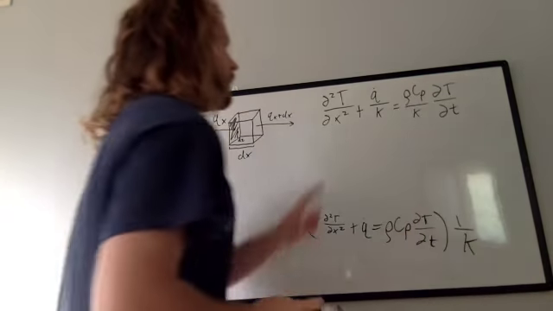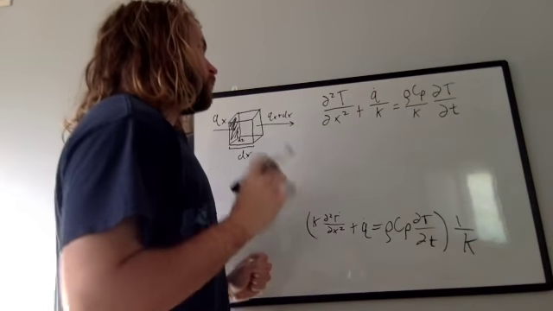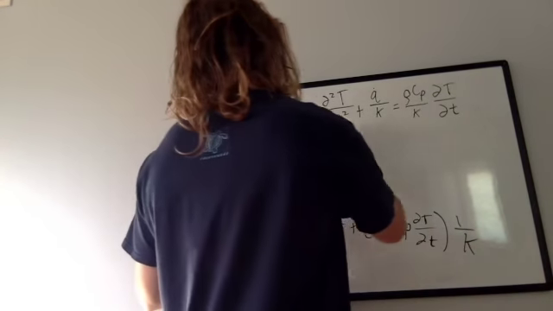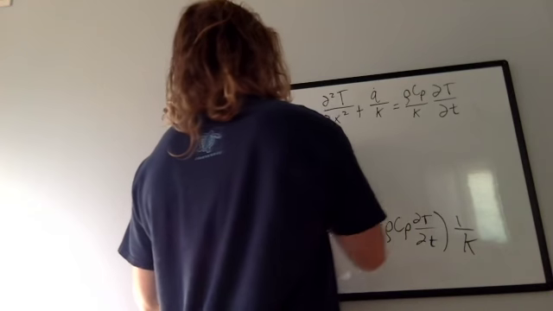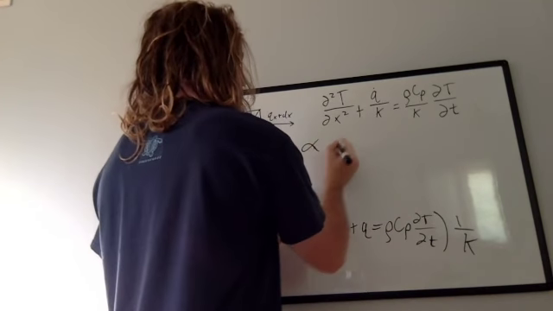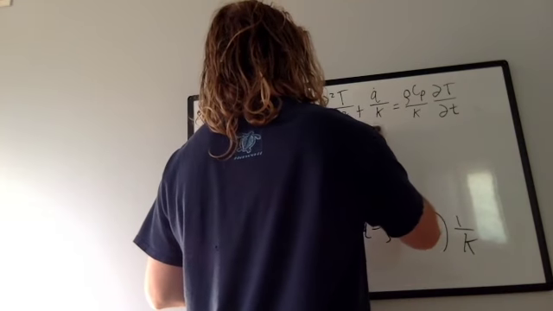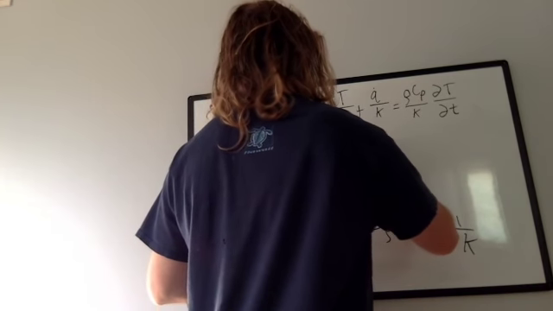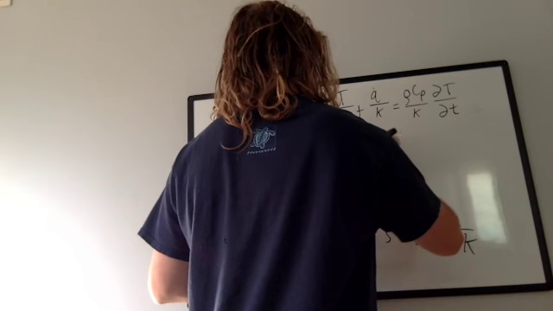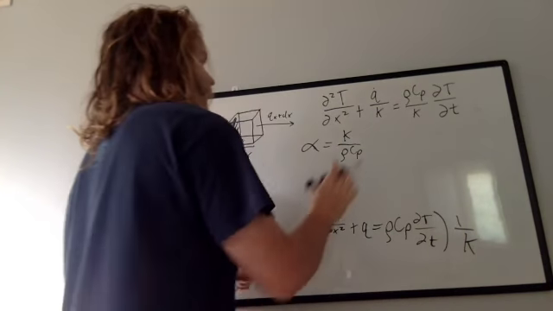Alright, and the reason we did this is because there is going to be a term represented by this symbol right here that is going to be equal to the inverse of this, which is our conductivity over the density multiplied by the heat capacity.